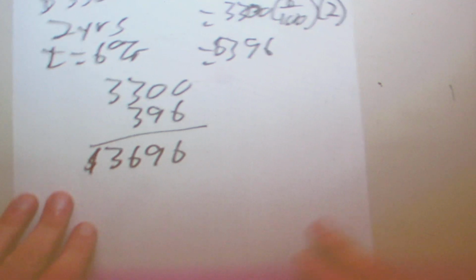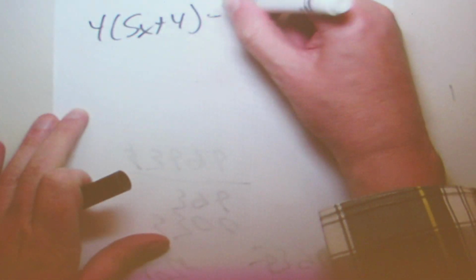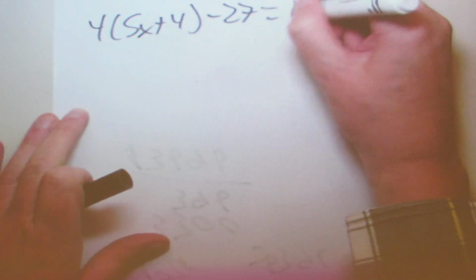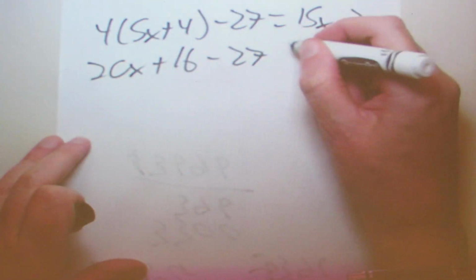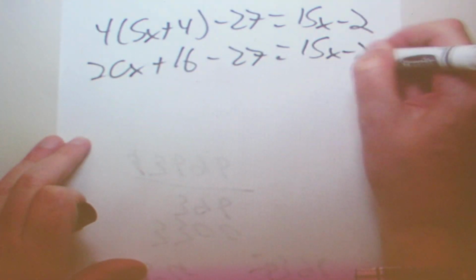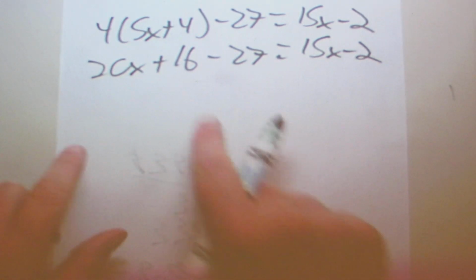Next, you will have something like 4 times 5x plus 4 minus 27 equals 15x minus 2. First thing we need to do is distribute the 4. So we're going to have 20x plus 16 minus 27 equals 15x minus 2. Now you need to combine like terms on both sides of the equal sign.